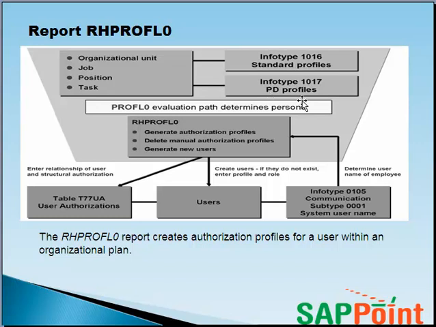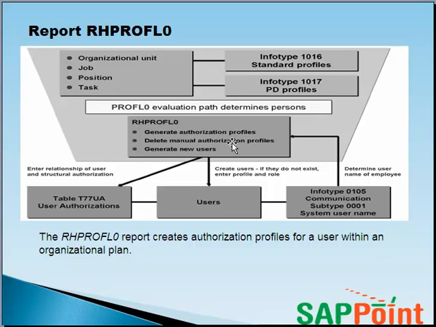So the system looks for any entries that have been made for these two info types using this evaluation path for whatever persons this evaluation path determines.